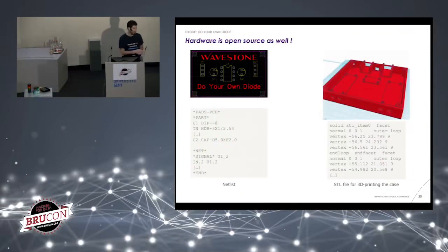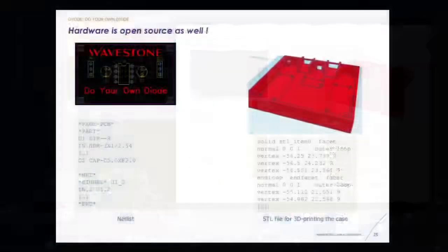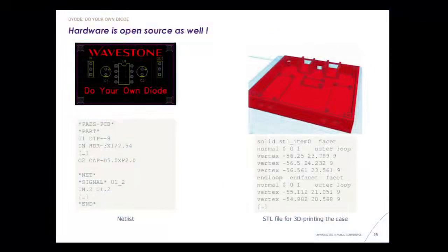As mentioned, this is an R&D project, so we decided that everything should be open source. I will display the GitHub link later, but the code is open source and the hardware is open source as well. For the PCB, you have the netlist and the Gerber files if you want to get the PCB produced. And you also have the STL file for 3D printing the case, which is quite easy to do.